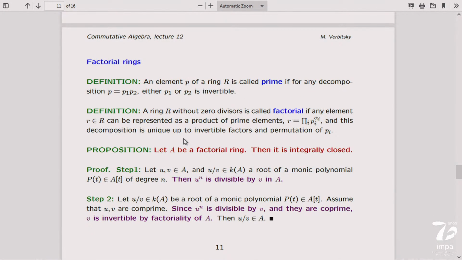So, factorial ring. This is something we had already, and you had some handouts about this, where I tried to explain that rings such as the integers and the polynomials are factorial. This means that they have unique prime decomposition.